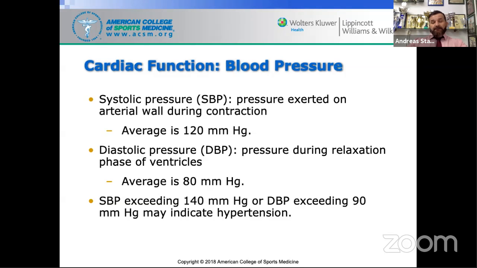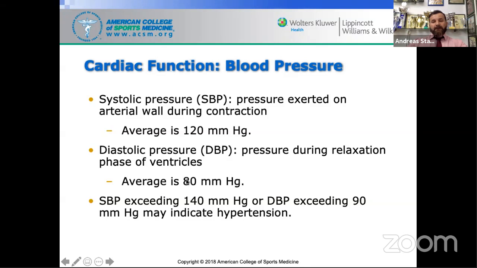Now, blood pressure. What's blood pressure? Keyword: arteries. Okay, so here, the systolic pressure, we have the pressure exerted on the arterial wall during contraction, and the diastolic pressure during the relaxation phase of the ventricles. Now, you see we have two numbers. We'll have SBP, DBP. SBP is always the higher number.